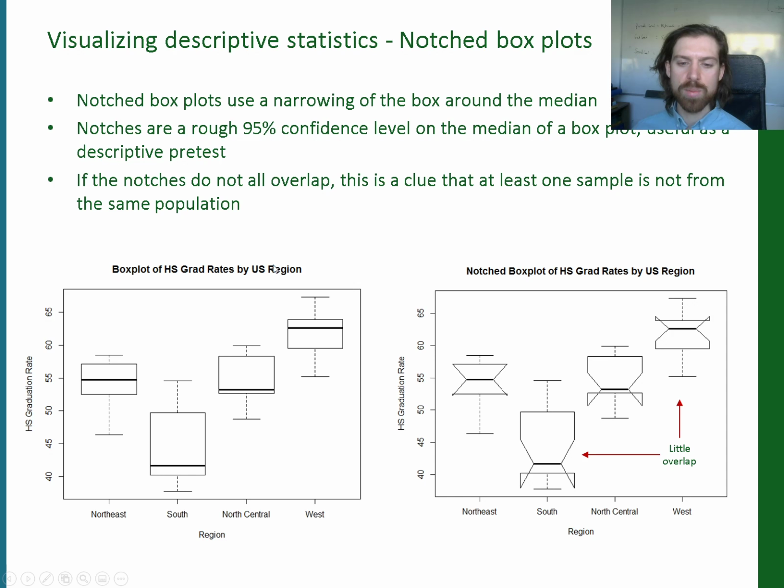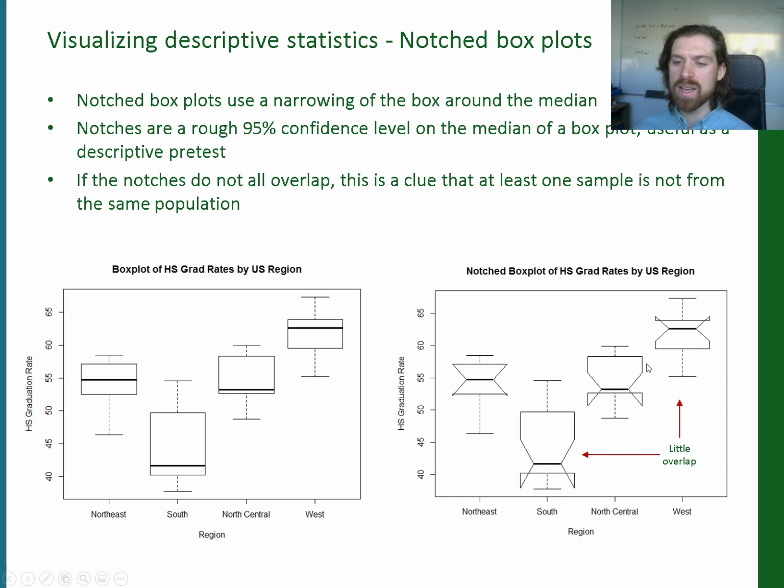So that's your standard box plot. We're then able to look at what would happen if we used a notched box plot. So again, it's the same underlying data. You've got all of the high school graduation rates by state, and then they're grouped based on their region. But the key point is that you can see that the actual notches for many of the samples just don't overlap.